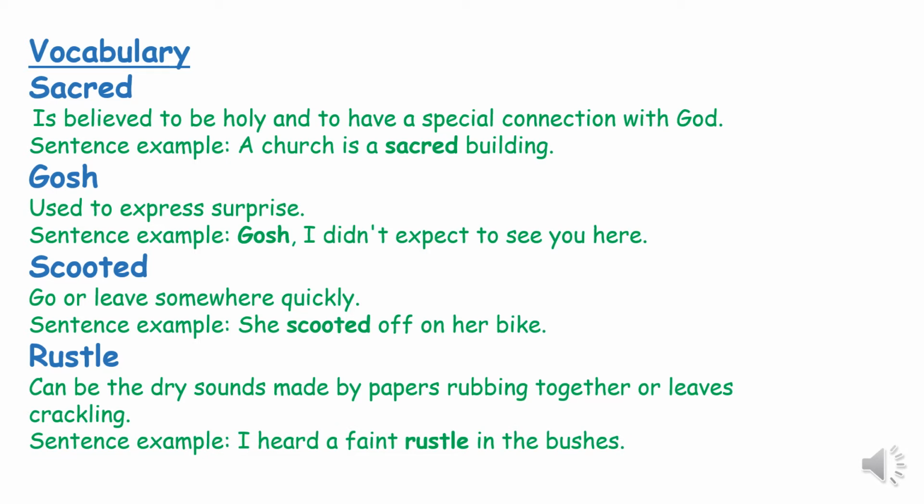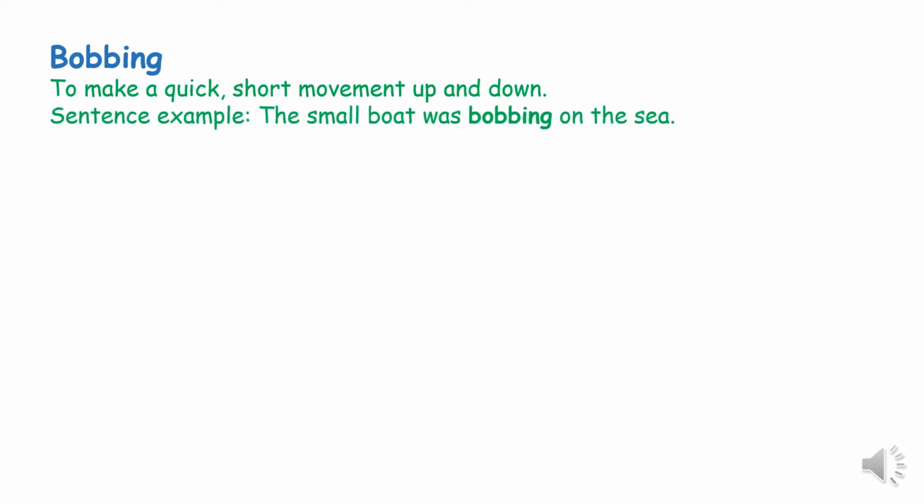I heard a faint rustle in the bushes. And our next word is bobbing. What does bobbing mean? Bobbing is to make a quick, short movement up and down. And here is a sentence example. A small boat was bobbing on the sea.